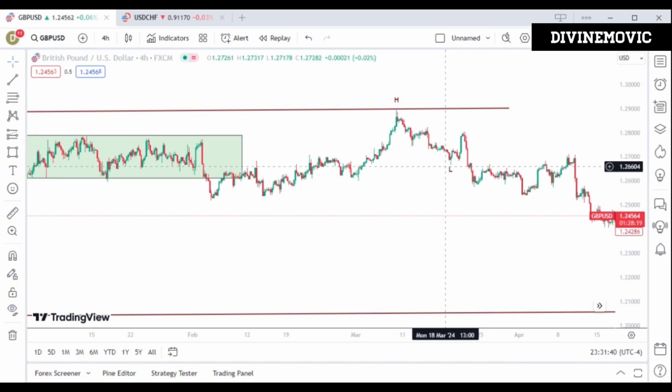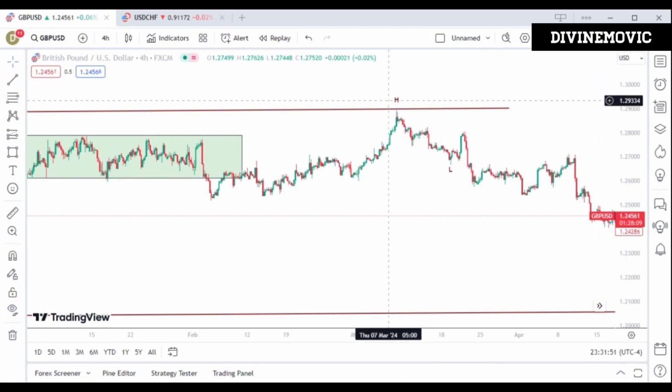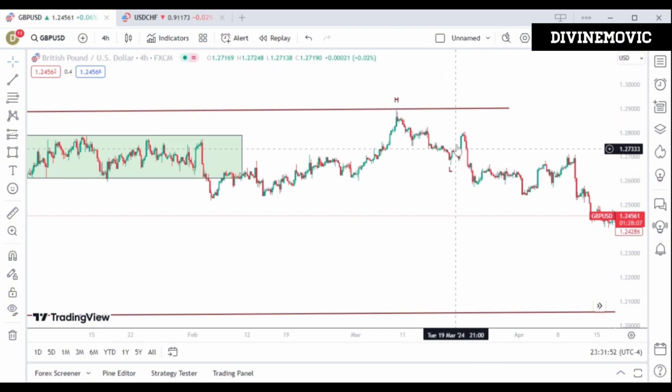So this point is the high and this point is the low. Now, had price gone up to this resistance key level and started giving us higher highs and higher lows, we would have gone for a buy. But because price gave us this high and this low, the next swing high was simply a swing high that was not able to break the previous swing high.